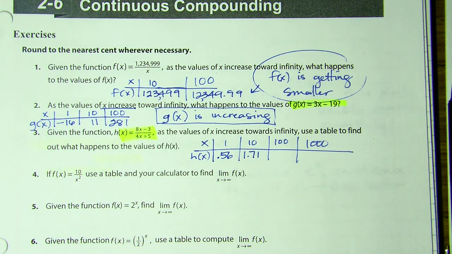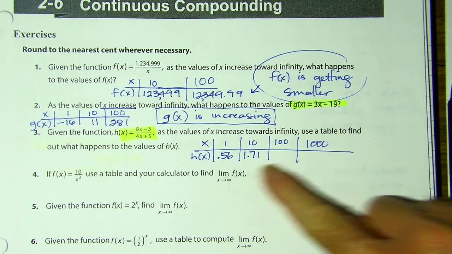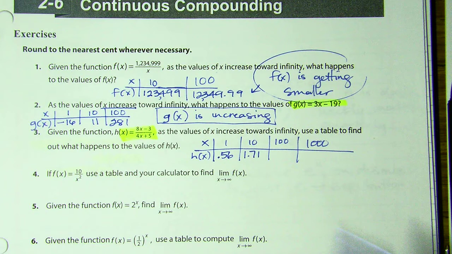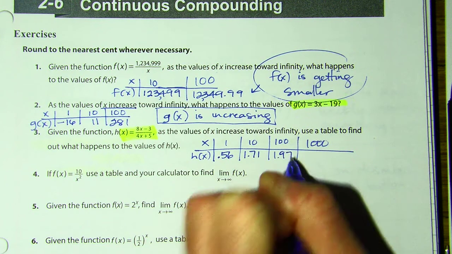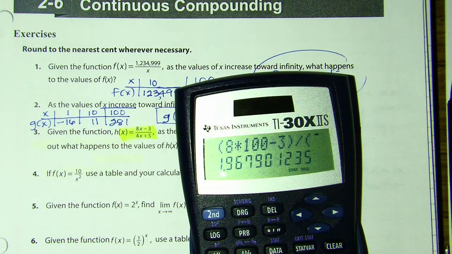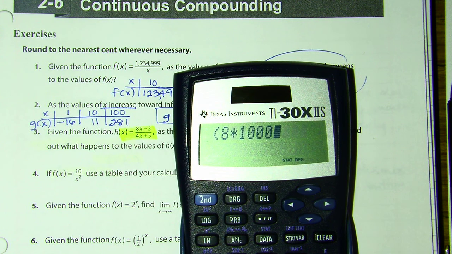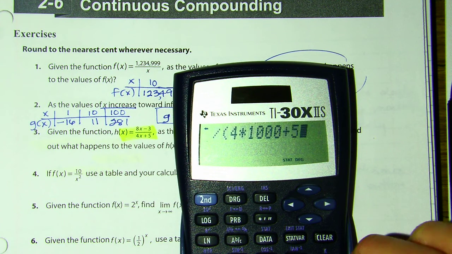Now I'm going to try 100. So as you can see, y values are getting bigger. So I'm just going to re-enter this 8 times 100 minus 3 divided by 4 times 100 plus 5. I got 1.97. Now try 1,000. 8 times 1,000 minus 3 divided by 4 times 1,000 plus 5.